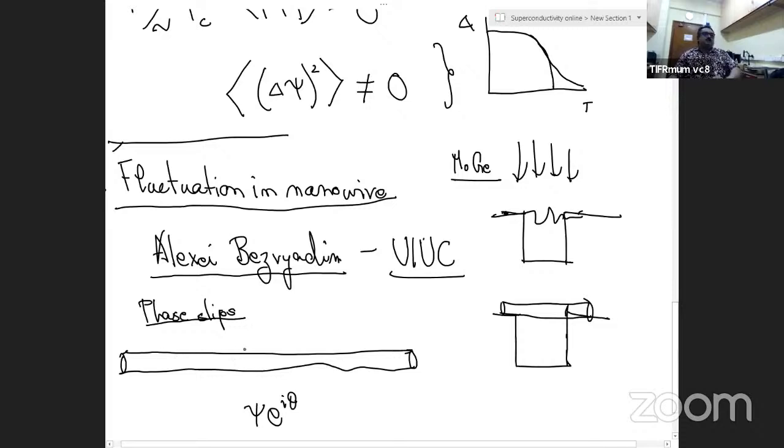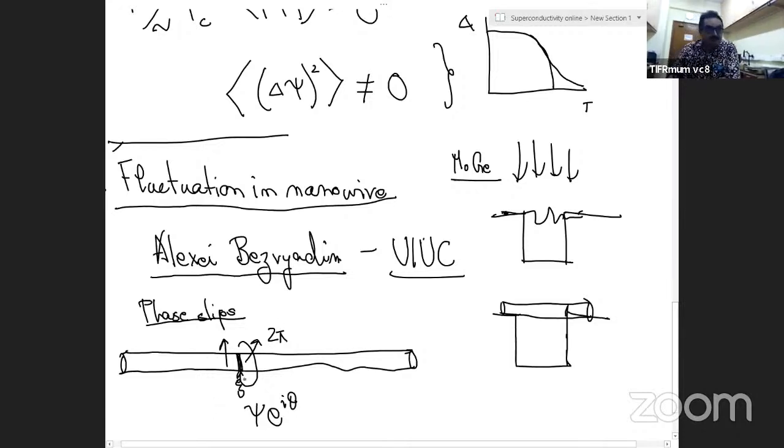However, if the nanowire is thin enough, then you can have fluctuation effects where, let's say, a small segment of the size of the coherence length becomes normal. Here superconductivity gets suppressed momentarily, and then the phase here and here slips. So the phase of this part of the wire with respect to this part of the wire slips and undergoes a 2 pi rotation.